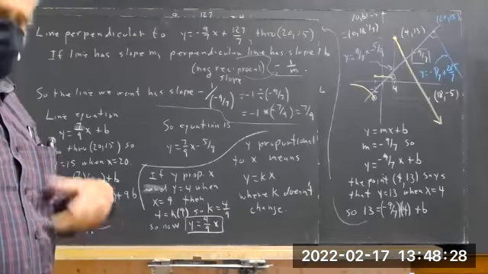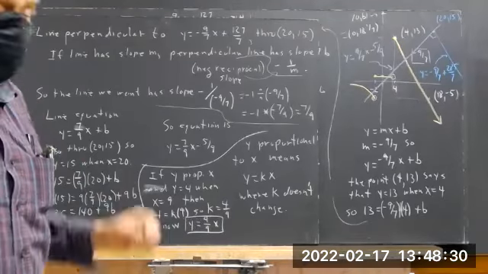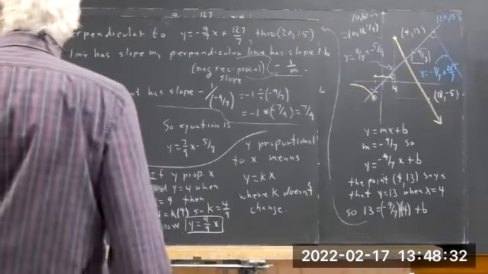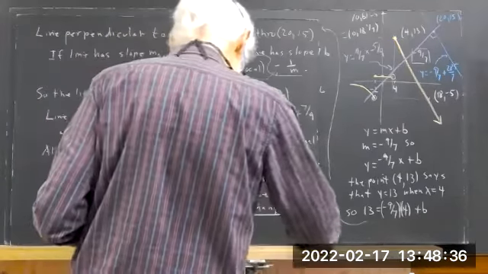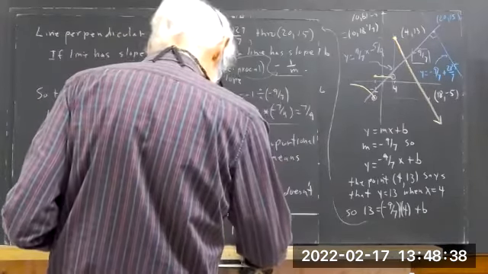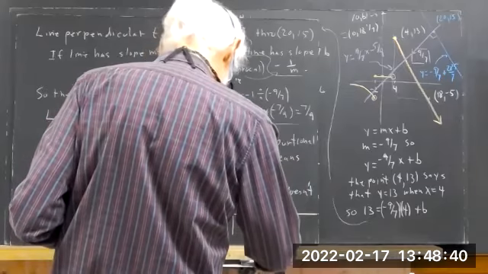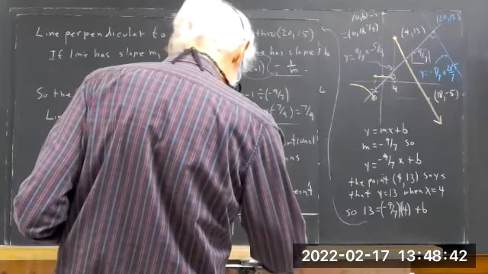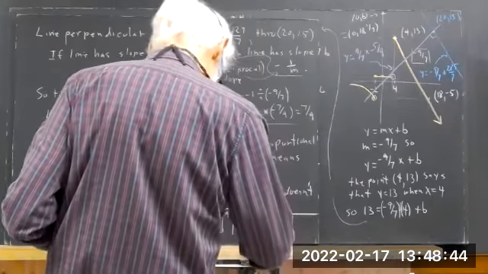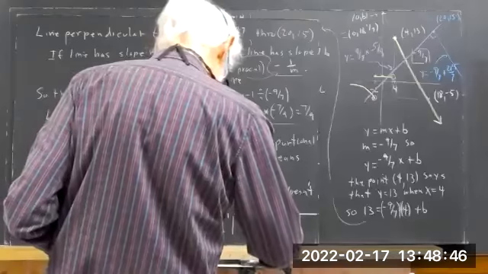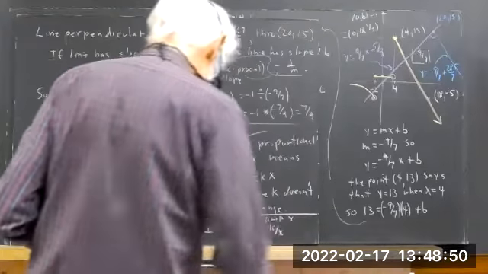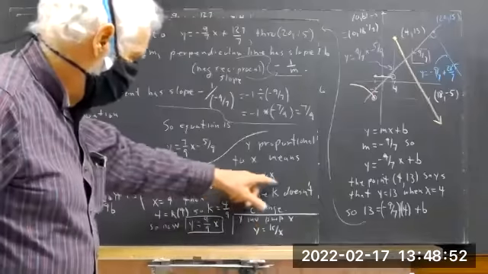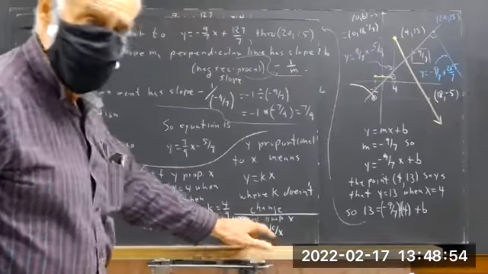Now there's several kinds of proportionality. There's inverse proportionality, which means y is not equal to k times x. It's k divided by x.